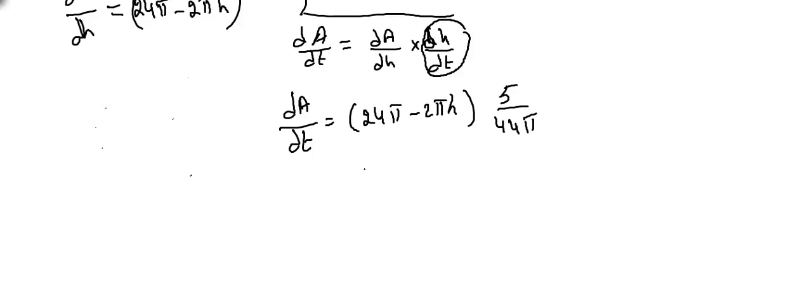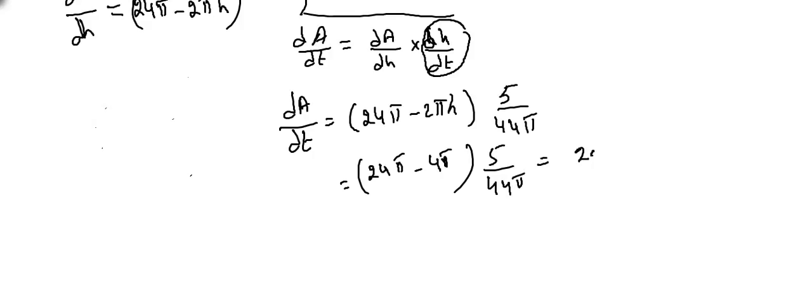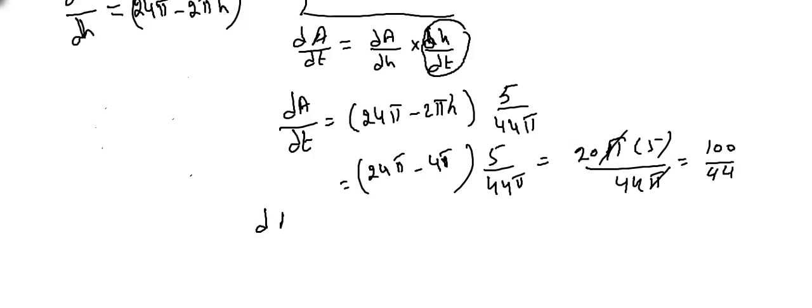This will be (24 pi minus 4 pi) multiplied by 5 over 44 pi. This means it's 20 pi times 5 over 44 pi. Pi cancels. 20 times 5 is 100, so 100 divided by 44.